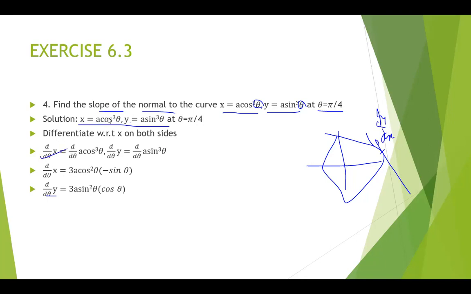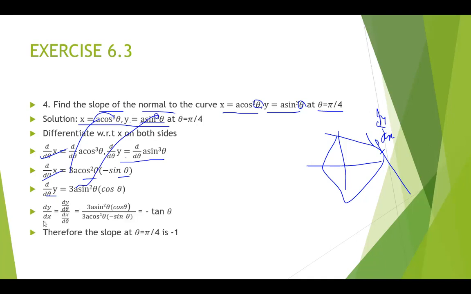Now, 3 as it is, a as it is, cos square theta into derivative of cos theta, which is minus sin theta. It is dx upon d theta. Now dy upon d theta: d by d theta of a sin cube theta. a as it is, 3 into sin square theta, derivative of sin theta is cos theta.